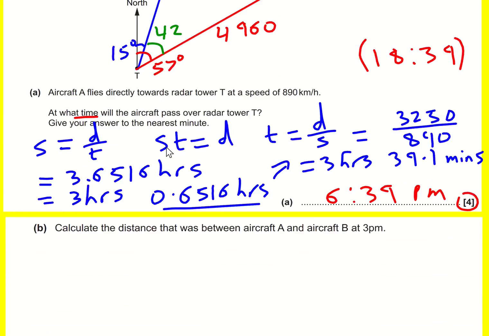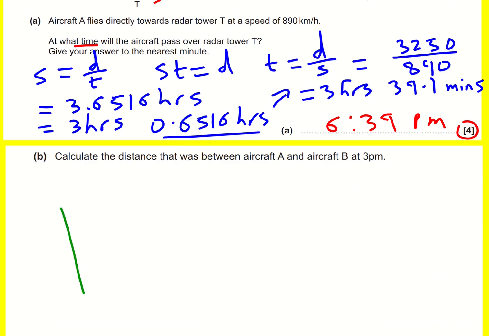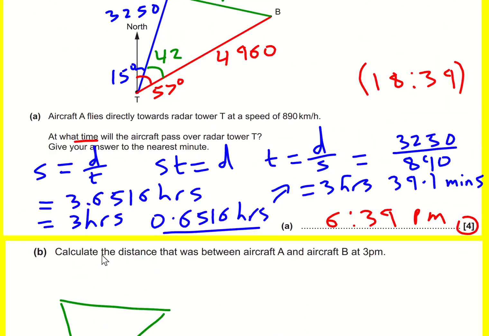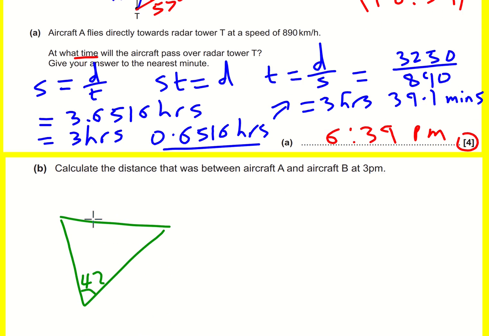And if I sketch that out, sometimes when you just have too much information, you need to get back to a basic diagram. Okay, this is what I have, and this is non-right angle trigonometry.